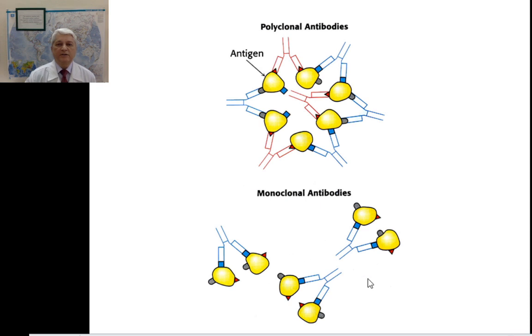Look, with this yellow one also, but all of them have completely equal primary structure. Because they were synthesized by one clone of B lymphocytes.